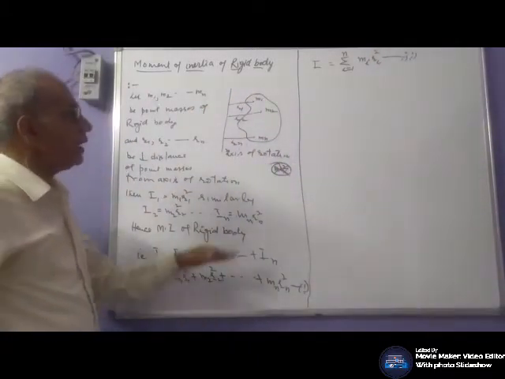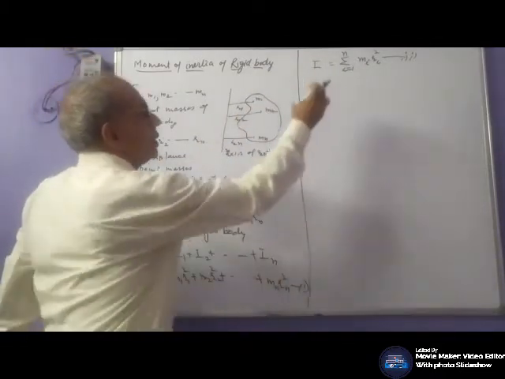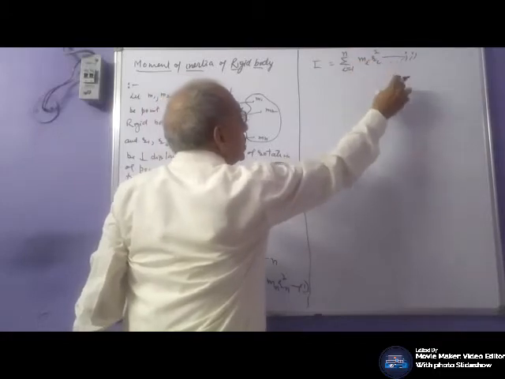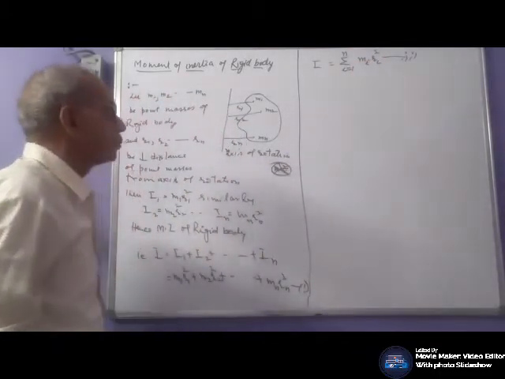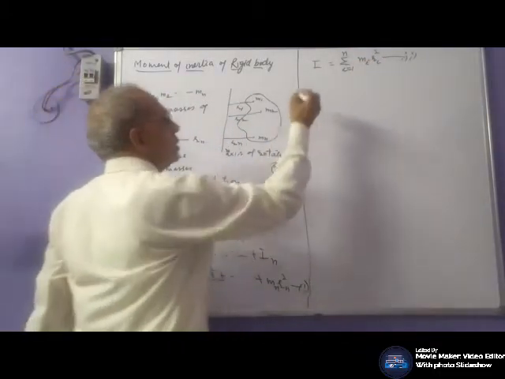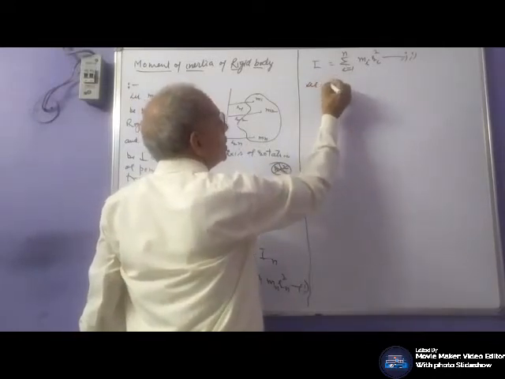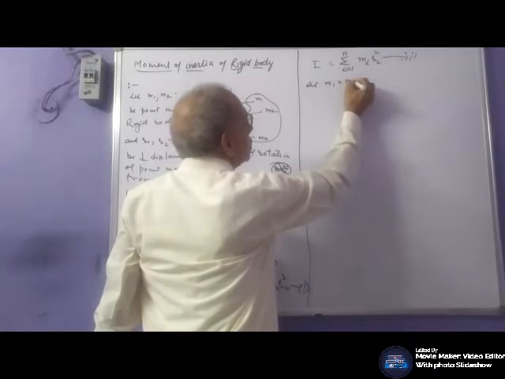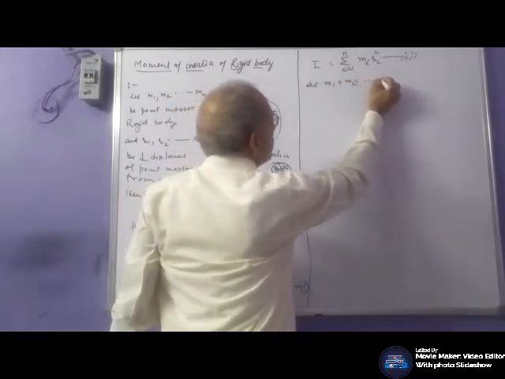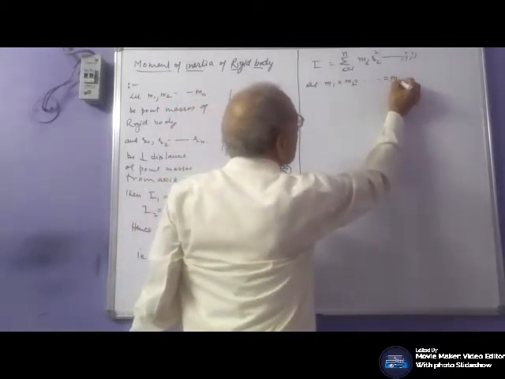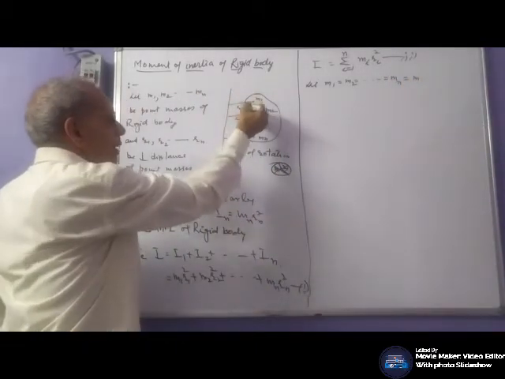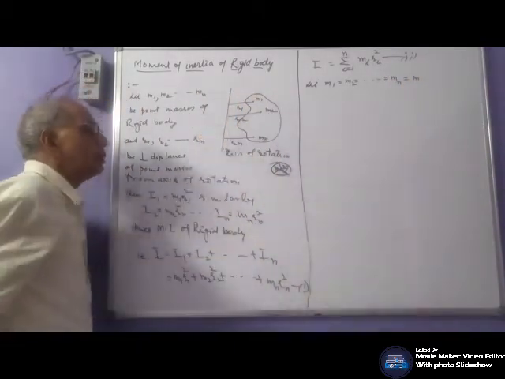This can be rewritten like this. Let m1 equal m2 equal mn equal m, equal point masses, suppose we have taken.